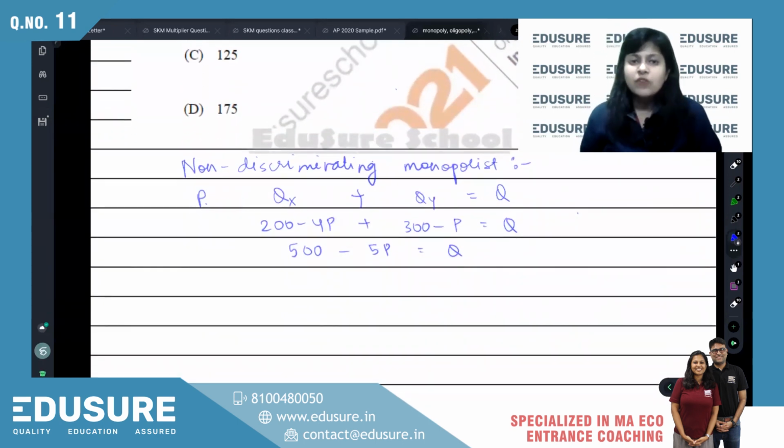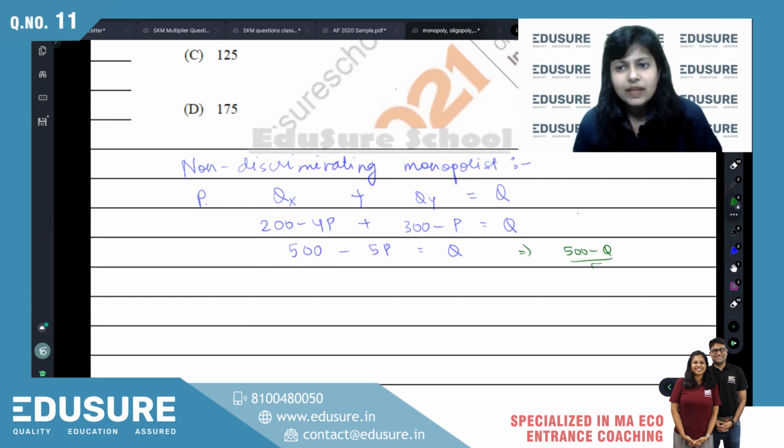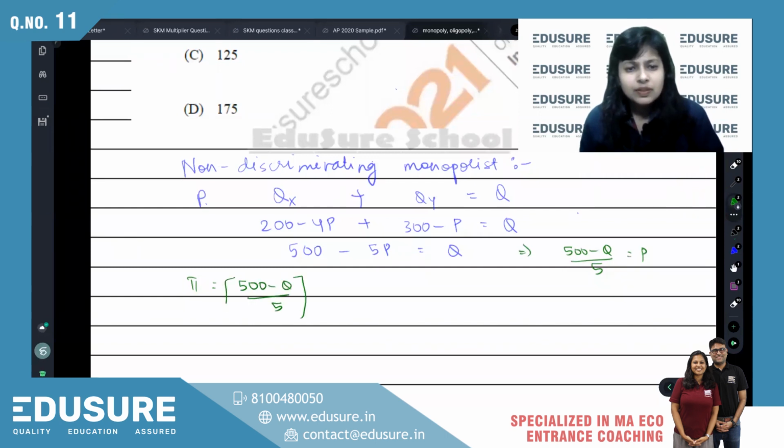Now we'll profit maximize the market demand curve. We'll take it in terms of Q, so 500 minus Q by 5 is equal to P. Then profit is 500 minus Q over 5 into Q minus 50Q, because each meal costs 50 to produce.